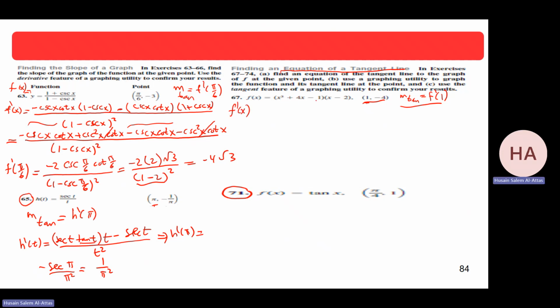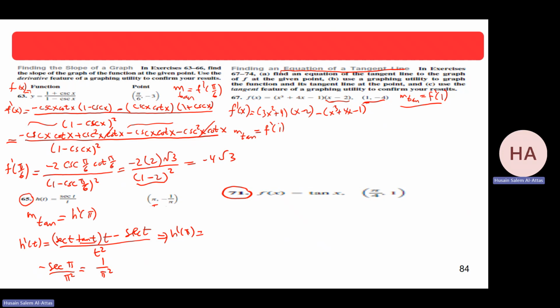I can do it by simplifying the expression, or I can do it right away. I think it's easier to do it right away in this case, since the derivative of this is 1.